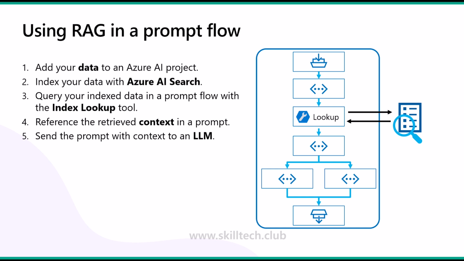This is a separate tool available and you can add it here. This index lookup tool will directly associate with your Azure AI Search index. Then, based on that, it's going to reference the retrieval context in the prompt and then send the prompt with the context to a large language model. This is going to give you a more refined way to generate the response based on your own customized lookup data.